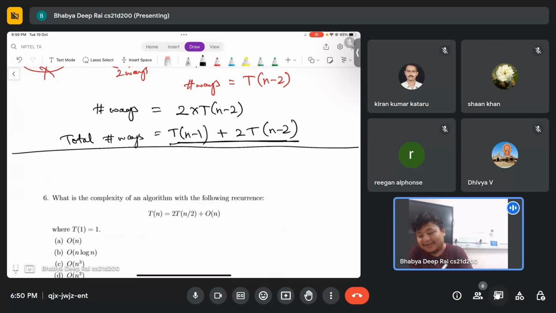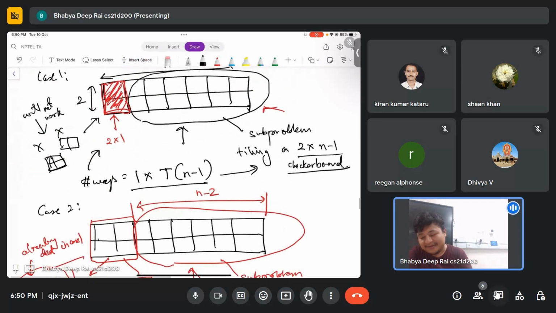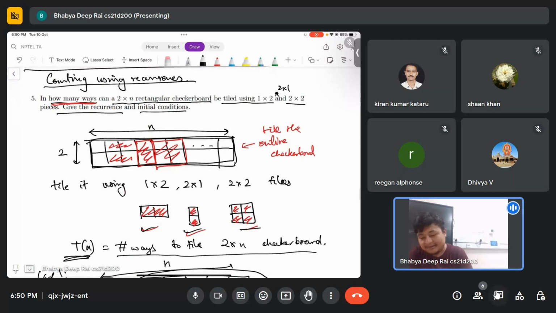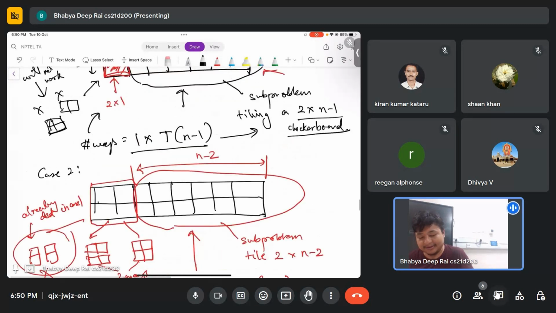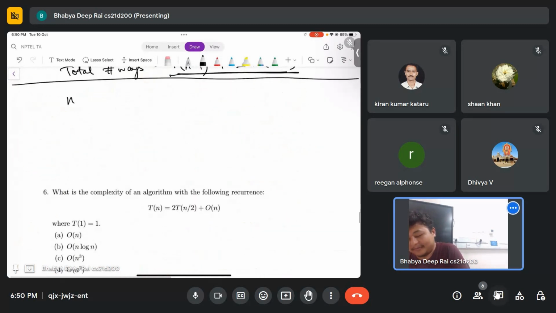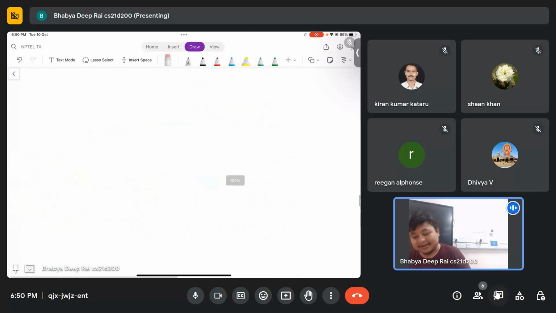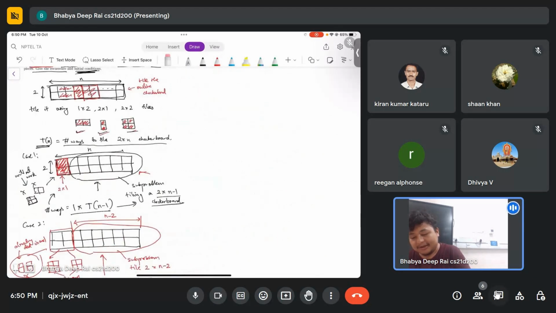Oh, but initial conditions, that is left, right? No recurrence can be left out without initial conditions, or you have an infinite evaluation. So along with the recurrence, can you tell me the initial conditions? Can you try what the initial conditions are? Let's say T0, T1, T2, something like that.